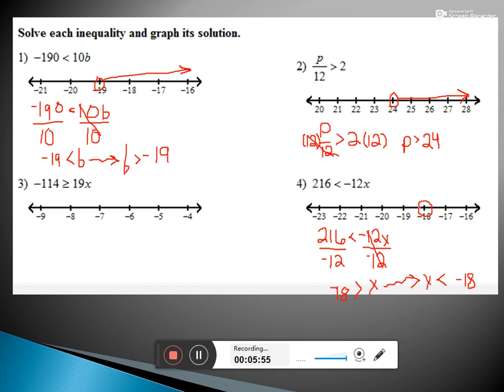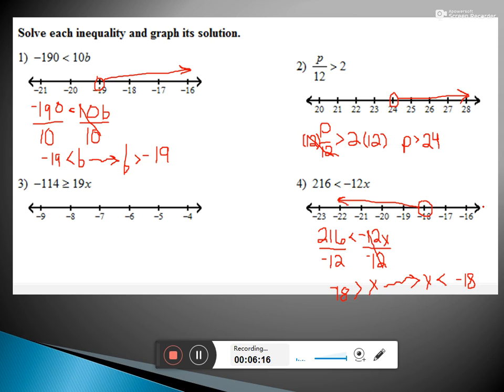Okay. Now I'm going to shade to the left because x is less than negative 18. And here's why. If I choose 0 in our original inequality, negative 12 times 0 is 0. 216 is not less than 0.